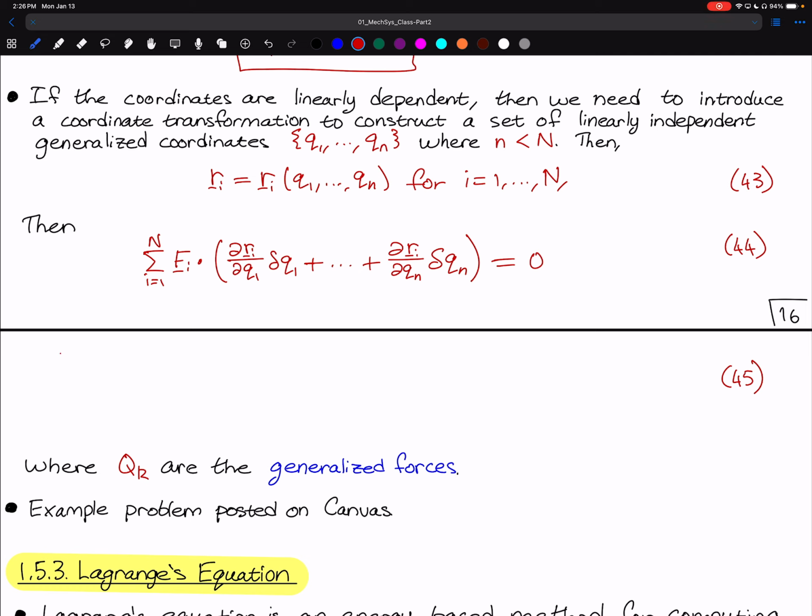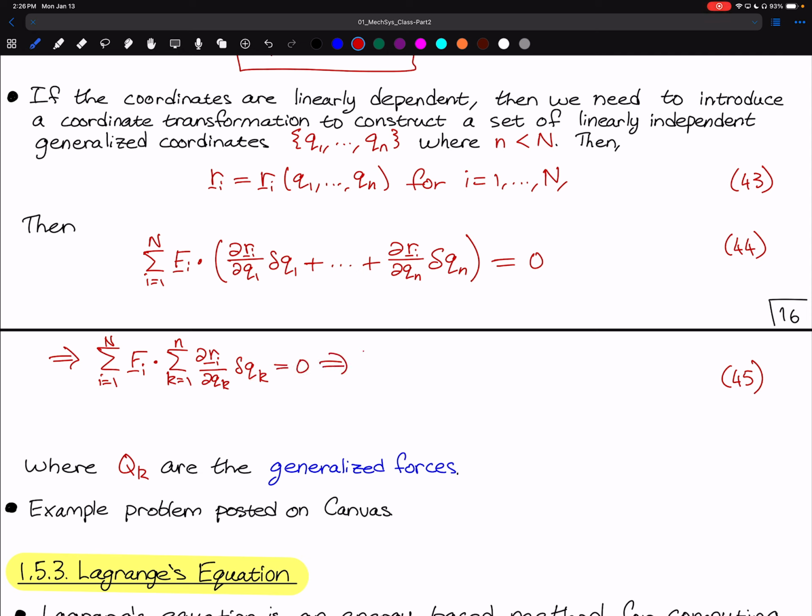From the principle of virtual work, we can then write that the summation from i equals 1 to big N of big F sub i dotted with the summation, we're going to use k equals 1 to little n, of partial Ri over partial qk, times a delta qk, must be equal to 0.